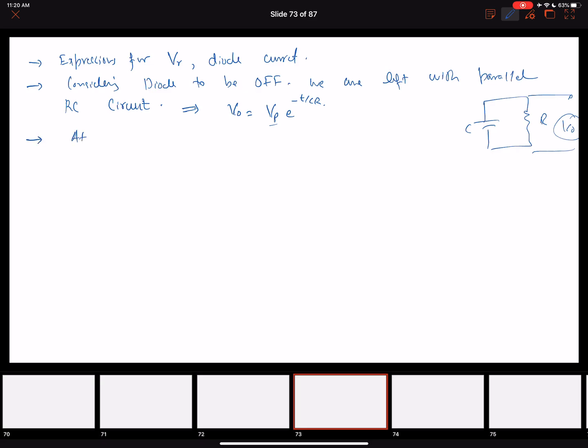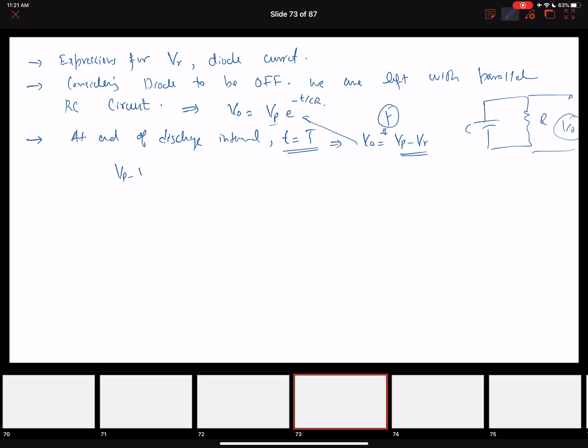Now we know that at the end of the discharge interval, when t becomes equal to T, the output voltage becomes Vp minus VR. This is our point Y we are talking about. So our output voltage, I'm going to replace that over here.